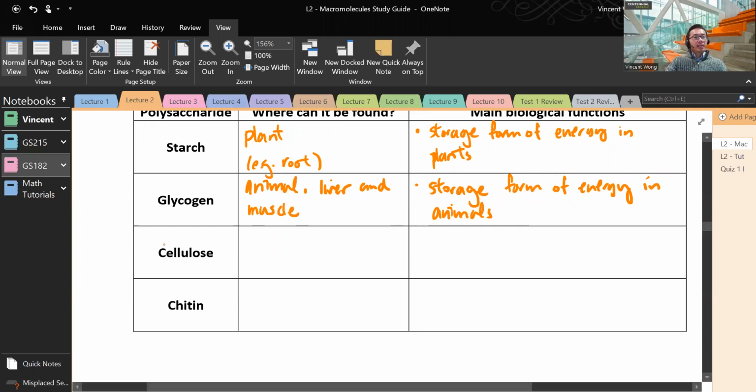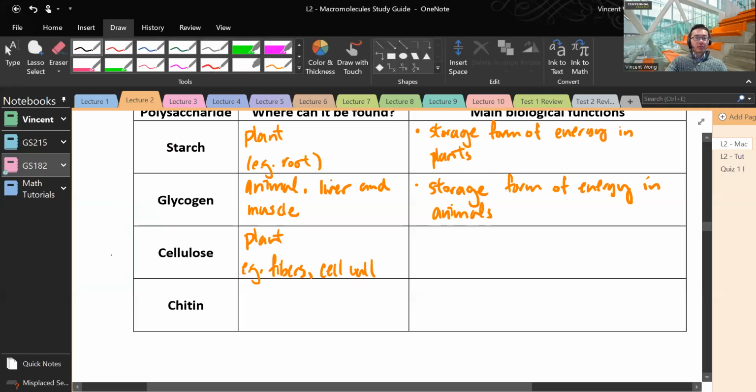Okay, cellulose. Cellulose, we will also find in plants. And this would be their fibers, like the cell wall. So the cell would be the individual parts that make up a plant, and then outside of the cell, you're going to have the cell wall, like that.